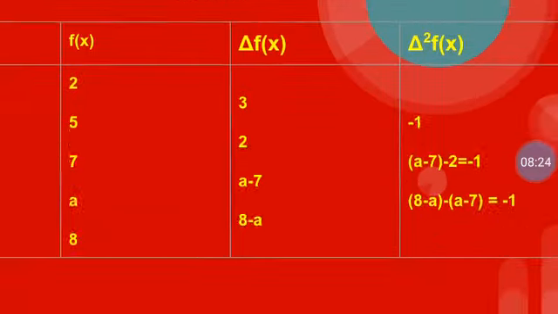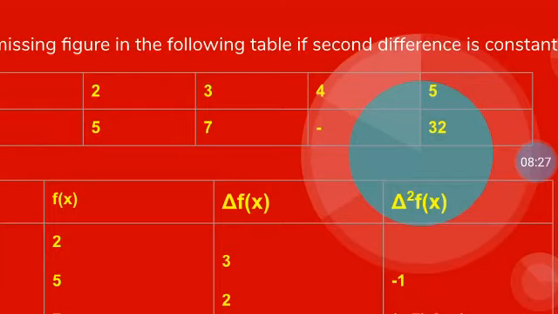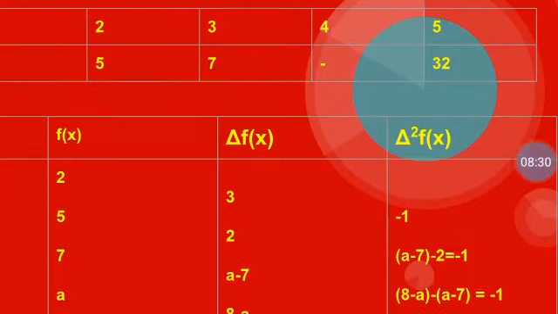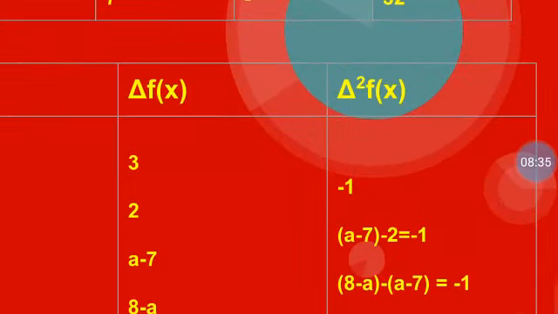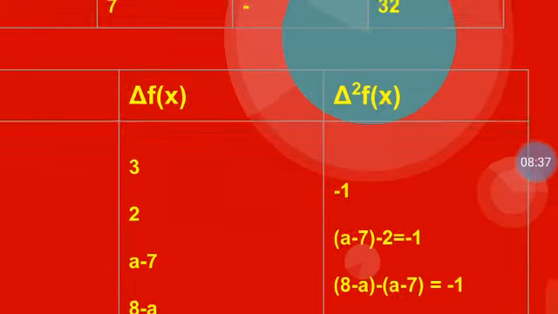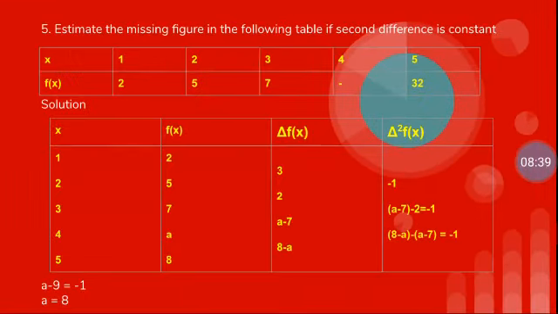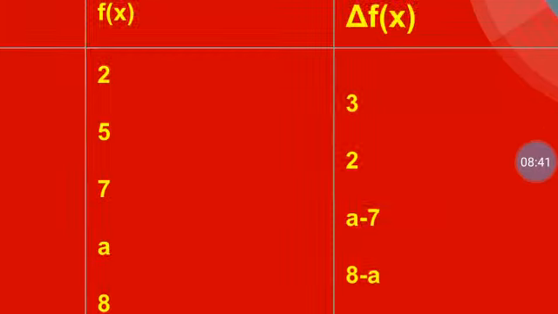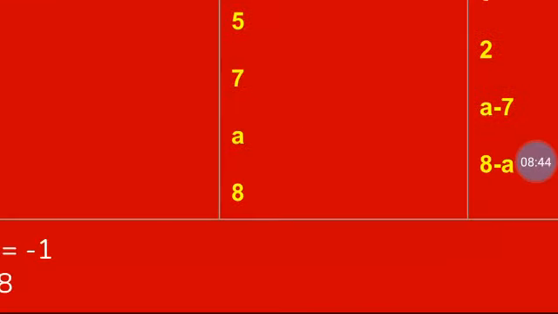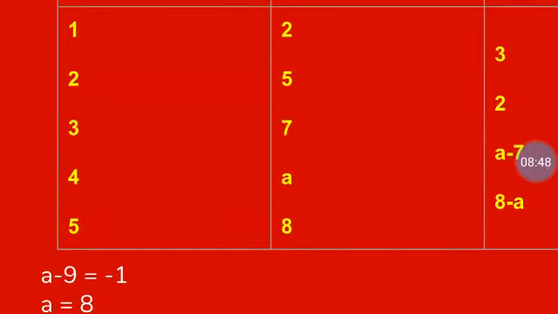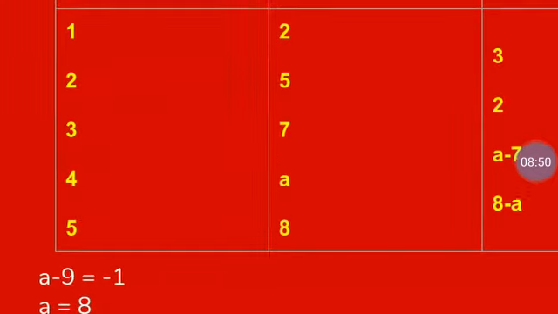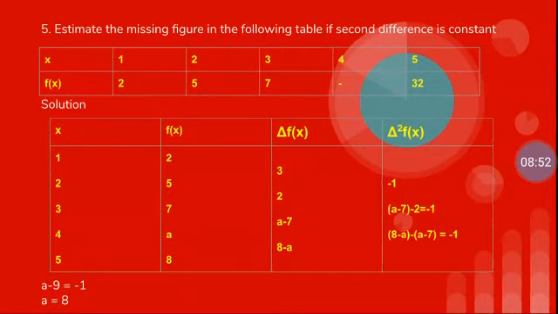It is already given in the question that the second difference is constant. That is, the first value which we got is minus 1, so the remaining values should also be equal to minus 1. When we compare any one value equal to minus 1, that is, here we have a minus 9 equal to minus 1, then the value of a equals 8. So this is how we can find the missing value from the given table.